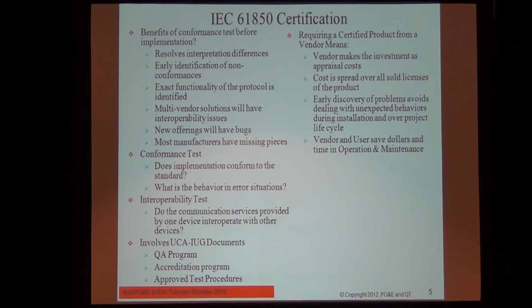You can look at the functionality and the protocols that you want to look at. You have multi-vendor solutions that need to have interoperability figured out in a bit more detail. You can work out the bugs and look at the various issues or various missing elements that a manufacturer might not have implemented yet.